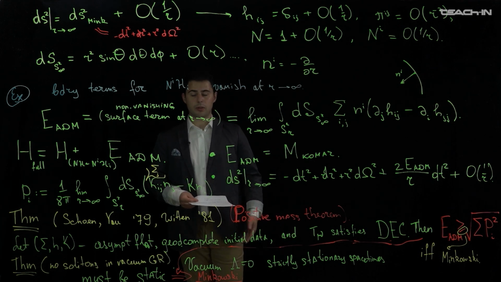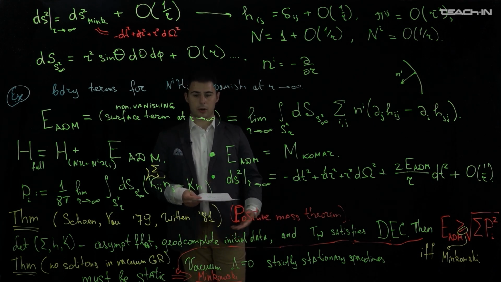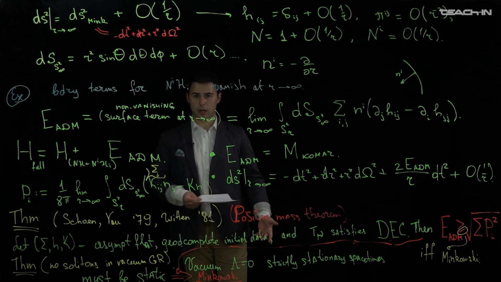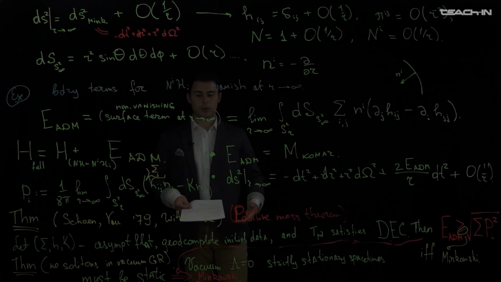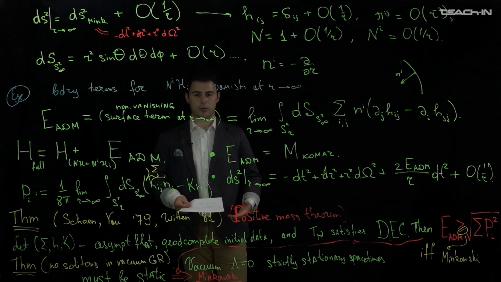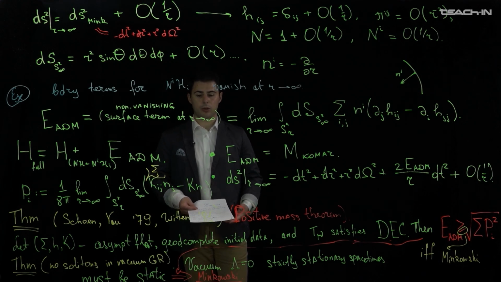So, what does it mean to have a globally defined timelike Killing field? It means that it's not a black hole spacetime, because for black holes we have horizons on which the timelike Killing field becomes null, and in other words, this means that horizonless, purely gravitational configurations cannot exist.